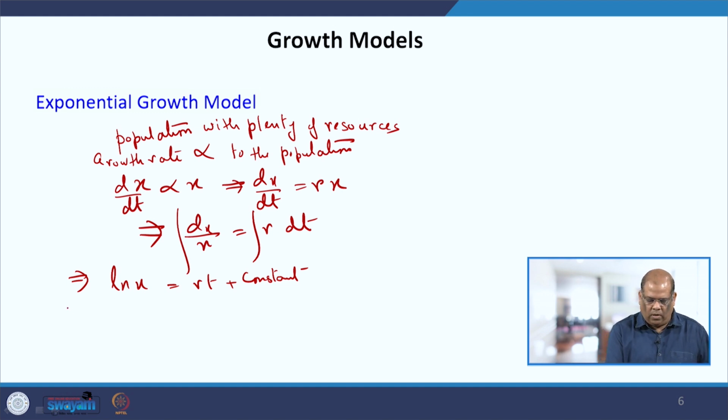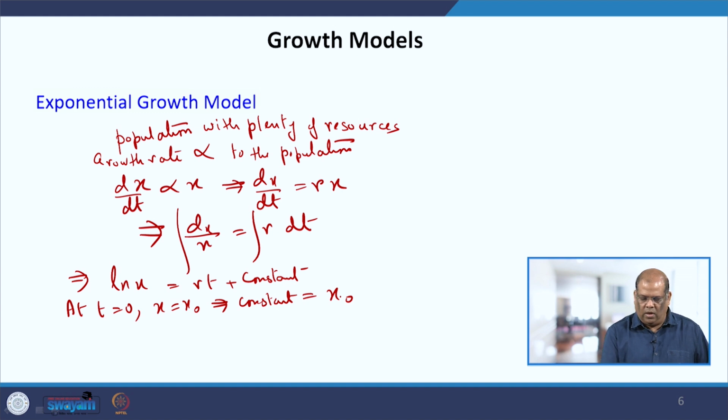If we take the initial condition, say at t equal to 0, your population is x0, this will imply the constant is log of x0. If you substitute it here, you will get ln x equal to rt plus log of x0.